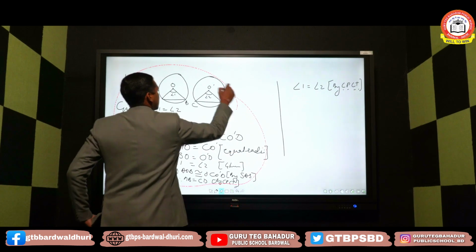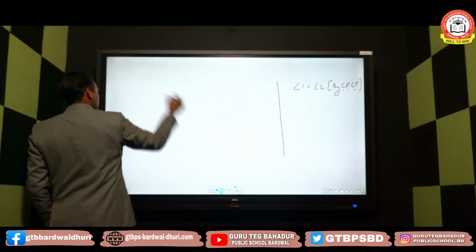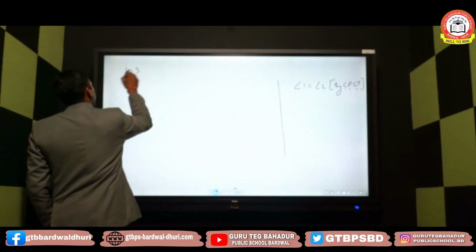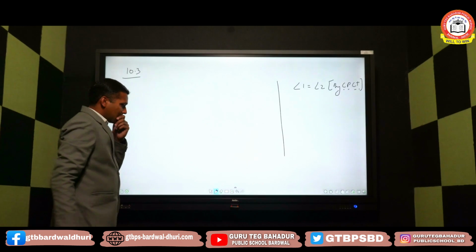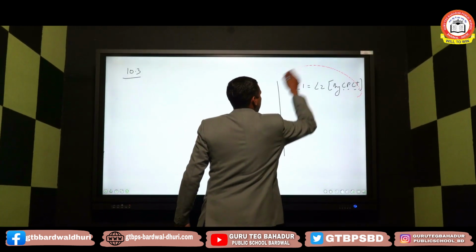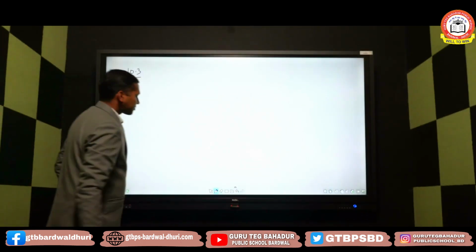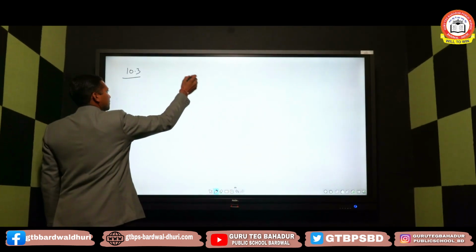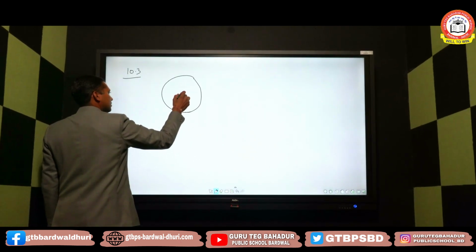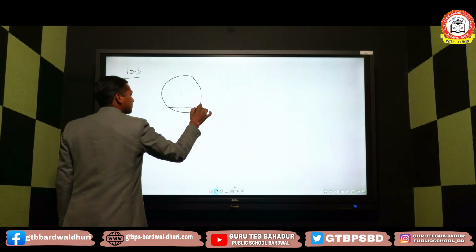Now come to the next theorem, theorem 10.3. What is theorem 10.3 about? In this theorem, we have a circle and a chord AB.